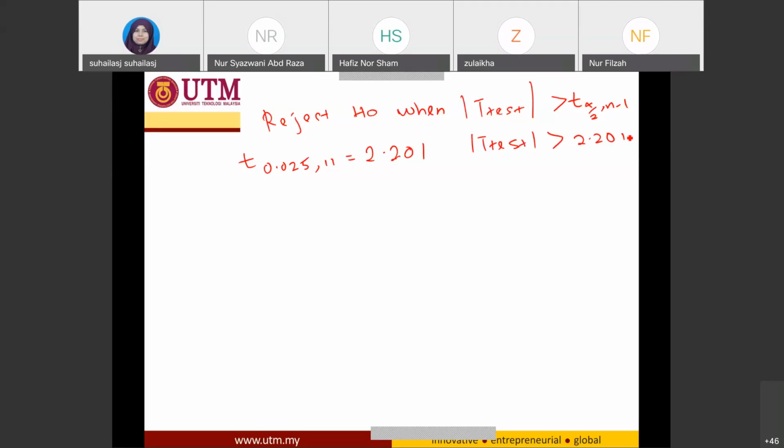Okay, now you compare. You already got the value, minus 1.82. For two-sided, it is either one. So this one is your 2.201 on the positive side and minus 2.201. We will reject if the value is in your shaded area.